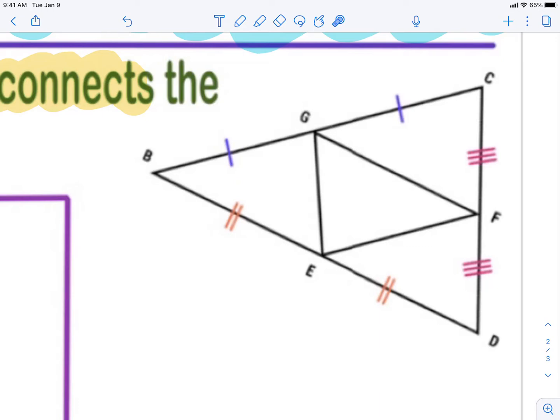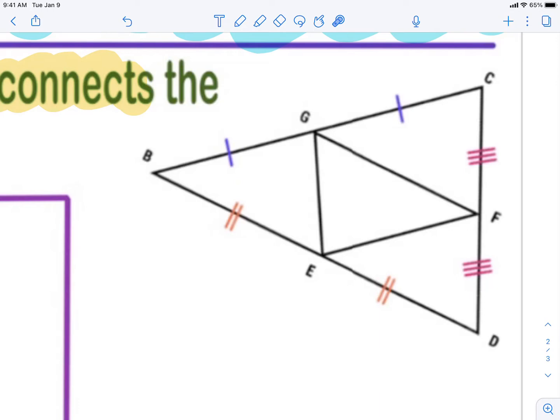So what happens when you connect two of those midpoints? If I connect G to E, something crazy happens. Two things happen.